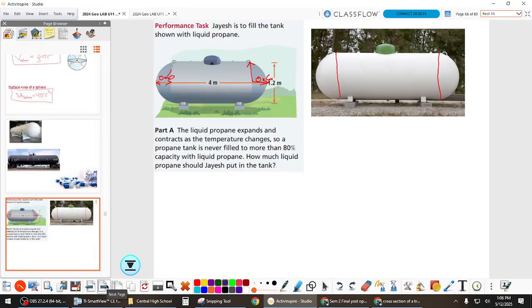How about one of these things? You solve for 2 hemispheres and I can't remember the... Say it. You guys can speak without me calling on you. Cylinder. Yeah, good job. So 2 hemispheres and a cylinder.